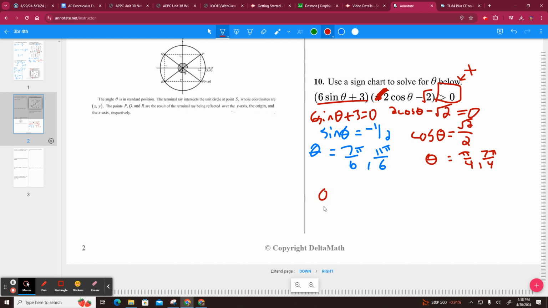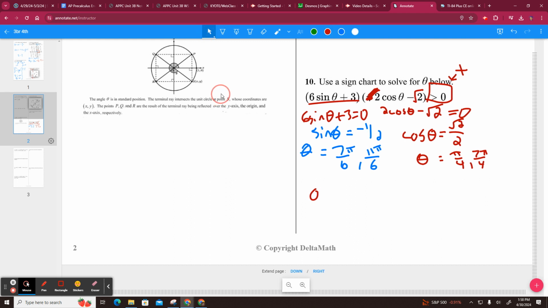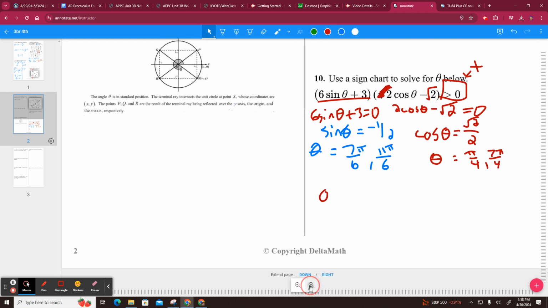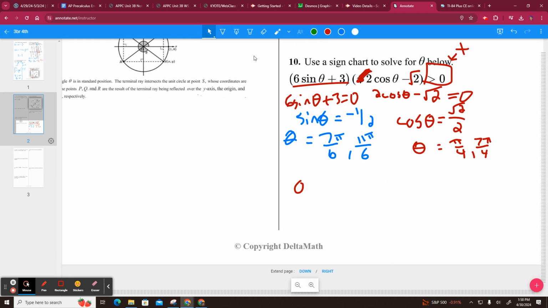I start at 0. Let me move this over a bit, or zoom in a bit. So I start at 0 to 2 pi. Okay. 0 to 2 pi.